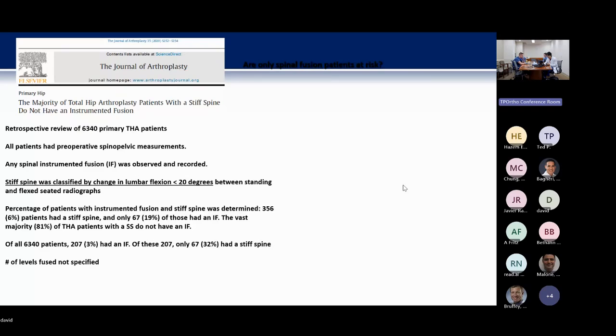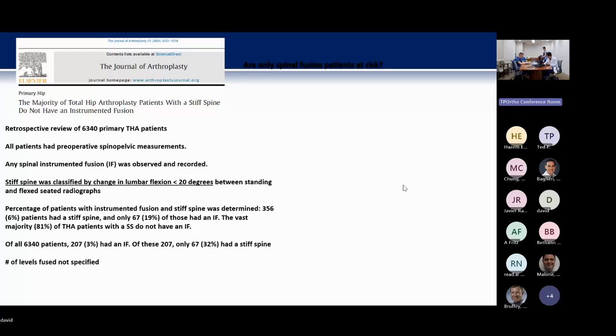So it's still a relatively uncommon problem, 6% of patients who can't compensate at all. But out of that 6%, only a fifth had prior instrumented fusion. So most of these stiff spines are just patients with degenerative stiffness, not necessarily something that comes from the spine surgeon. So it's not overwhelmingly a huge problem that we have to consider, but we'll come across it.